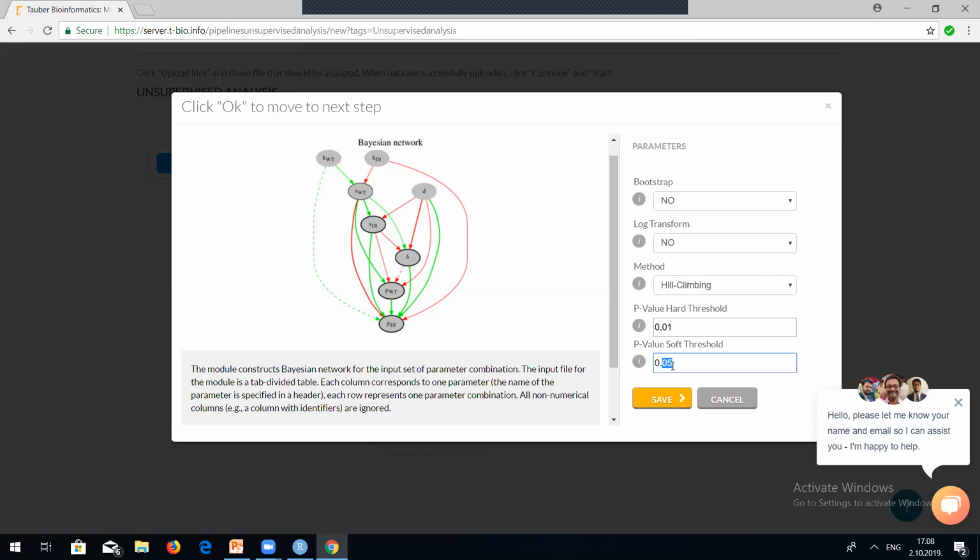For example, we will set this one to 0.5. Now we know that 0.5 is not a statistically significant value, so this is a soft threshold. We can include some non-significant values, but it's important to note which are not significant, right? Sometimes something derived from the t-test is not significant, but it could be significant in some Bayesian network, right? So we will use this high threshold. It's 50%. It's 50-50.